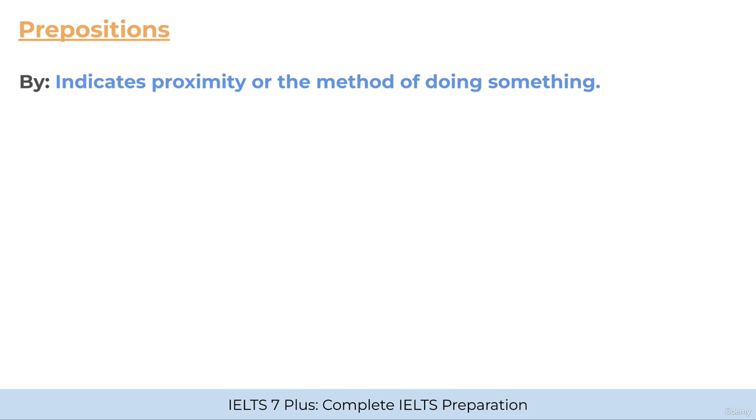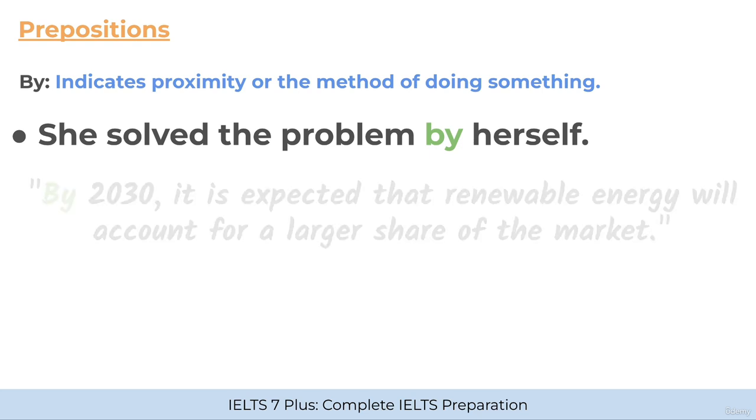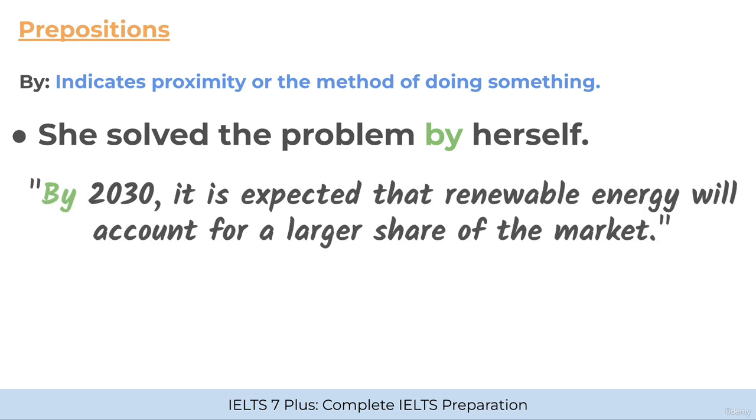By. This is talking about the way or the method of doing something. So you could say she solved the problem by herself, which means on her own, with no help. Okay, more IELTS focused: by 2030, it is expected that renewable energy will account for a larger share of the market.